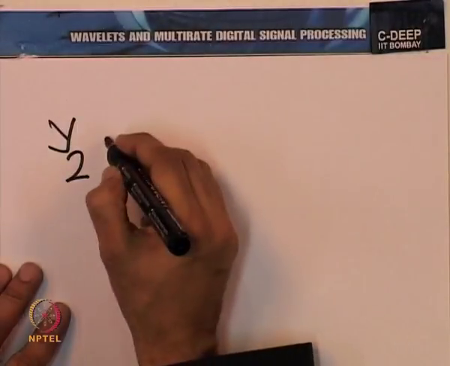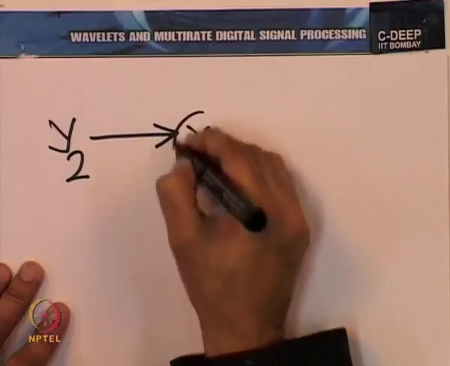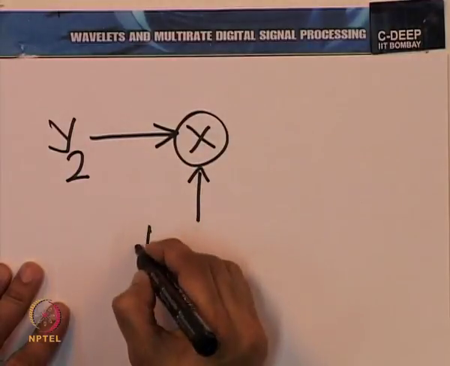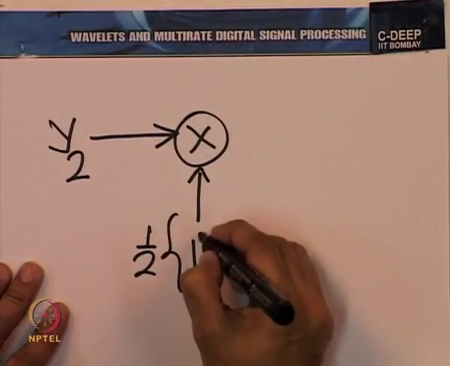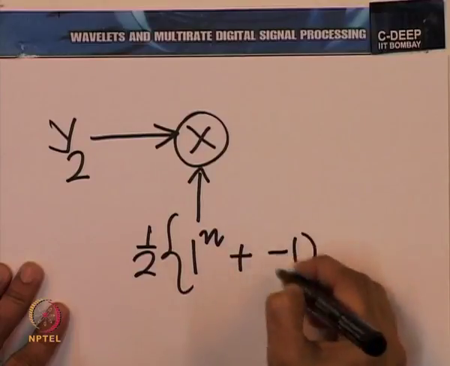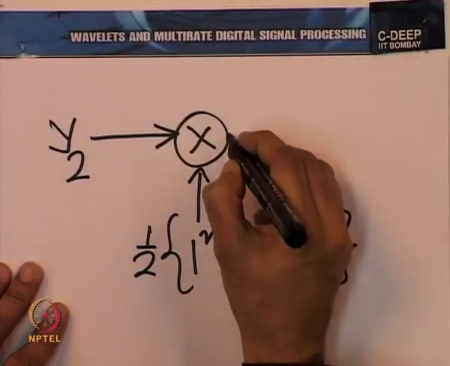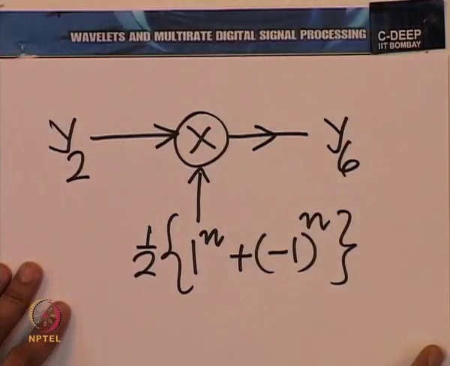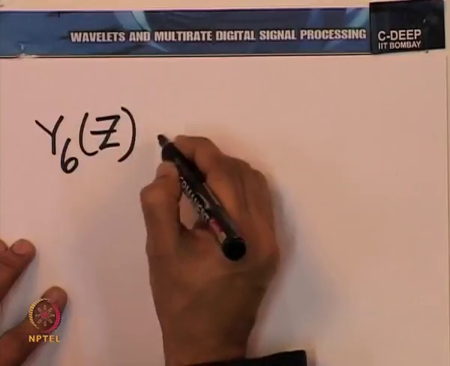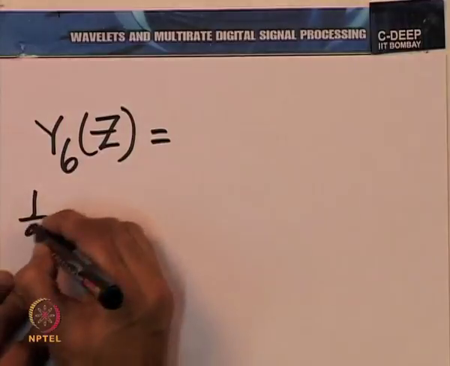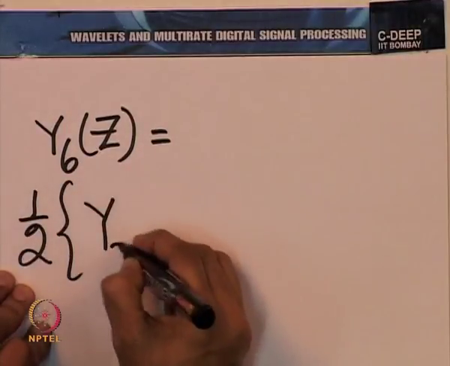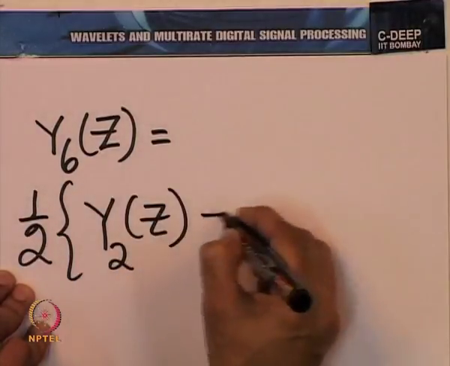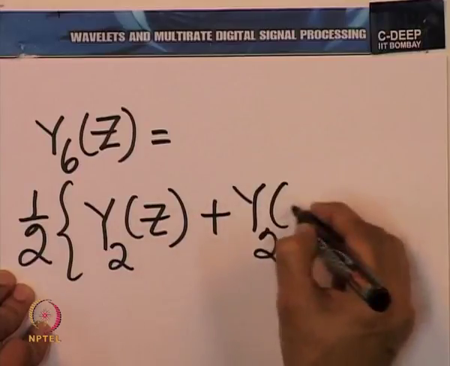So, we have y2 is modulated to obtain y6, and therefore, y6z is half y2z plus y2 minus z.